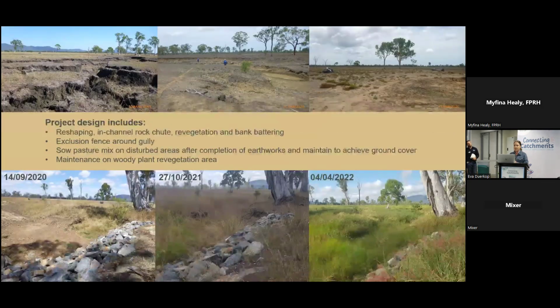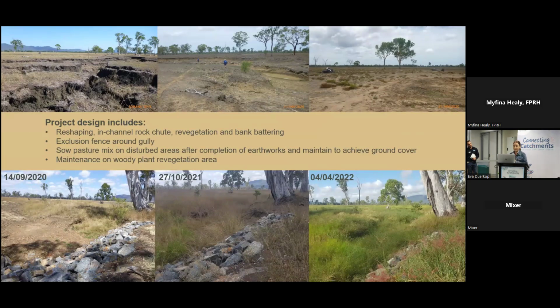This project was out south of Rockhampton. The project design included reshaping the gullied area, which you can see in the image on the top left, and implementing an in-channel rock chute with some revegetation and bank battering. So bank battering is where the gully is quite a steep drop, you sort of batter the edges so it's more of a gradual slope.